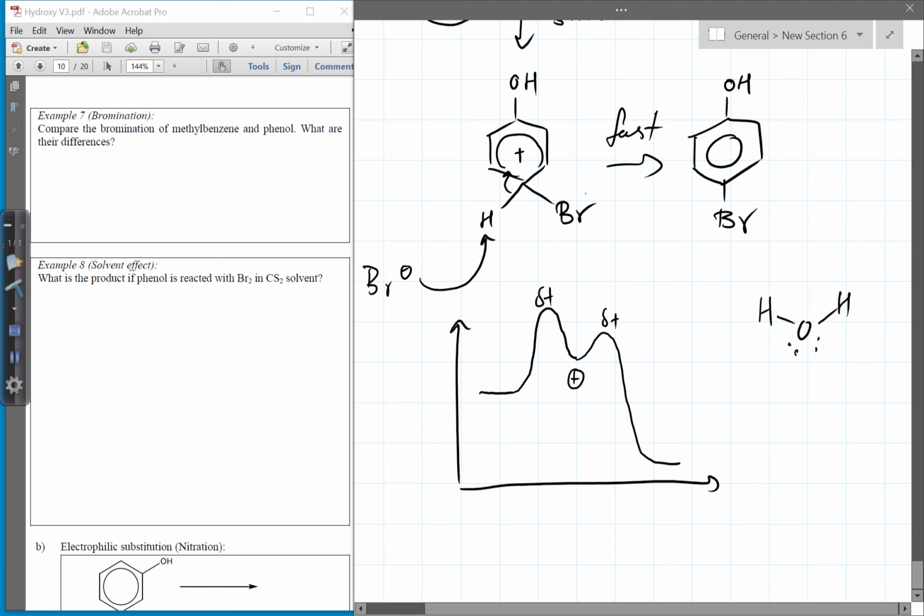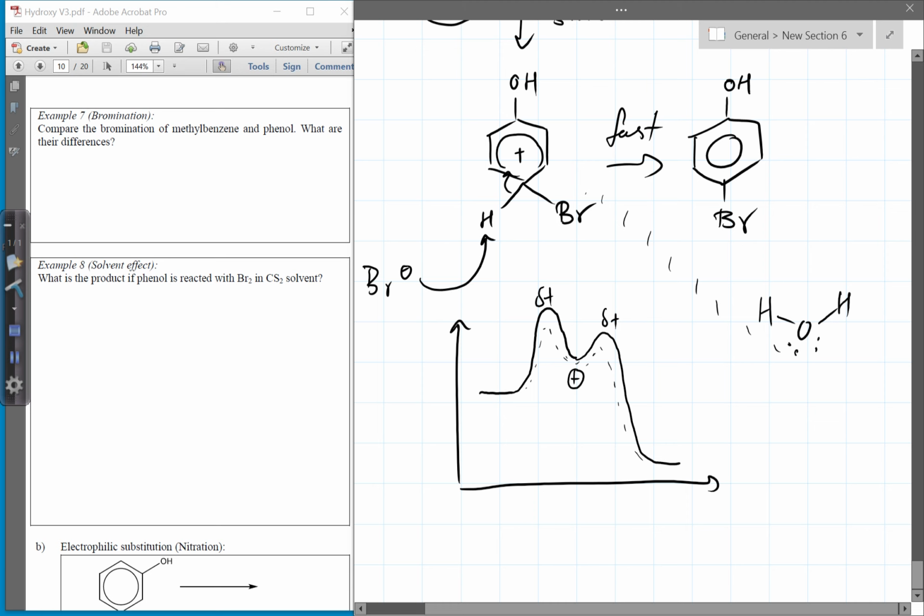What interaction is this? This is lone pair and charge interaction. This stabilization will lower the energy levels of this. It doesn't lower the starting material or product because they are neutral. You only lower this part.